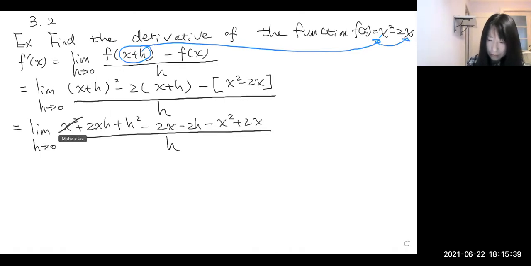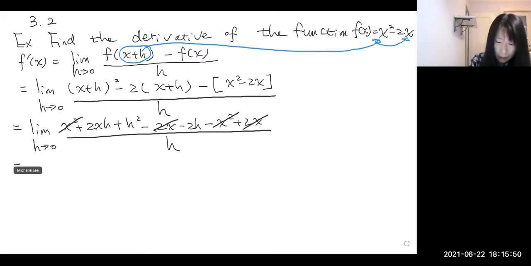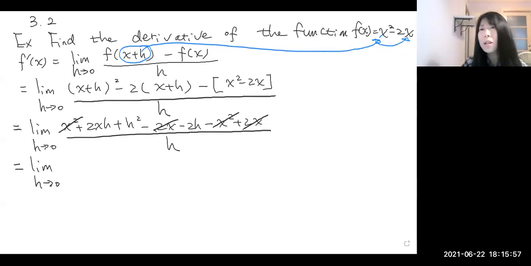Who has good eyes? That's it, right? Can you double check? All right, then we get this. Since we have the experience, let me factor this out so that we can save time.